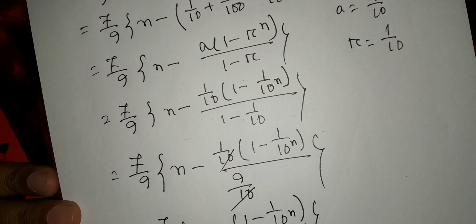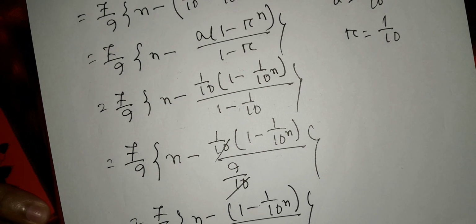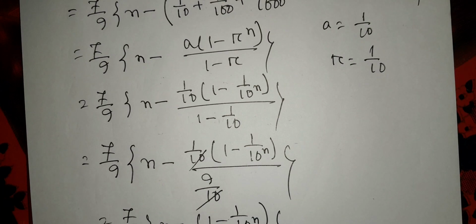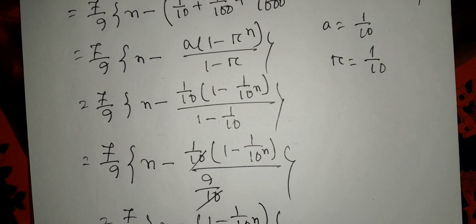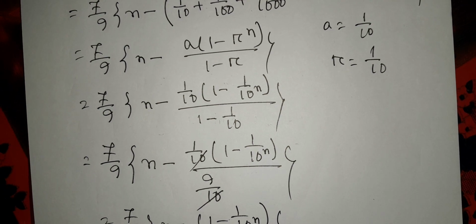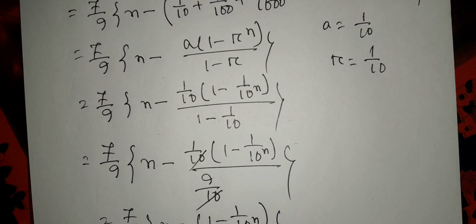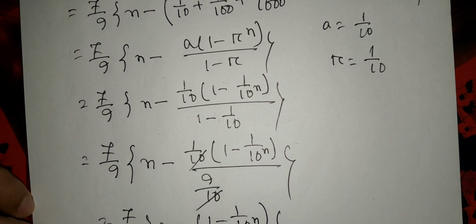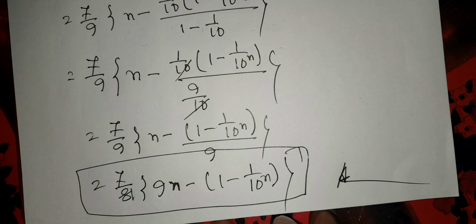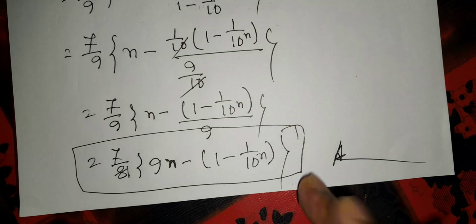Here, 7 by 81 times (9n minus 1 minus 1 by 10 to the power n). This is the answer of this sum.